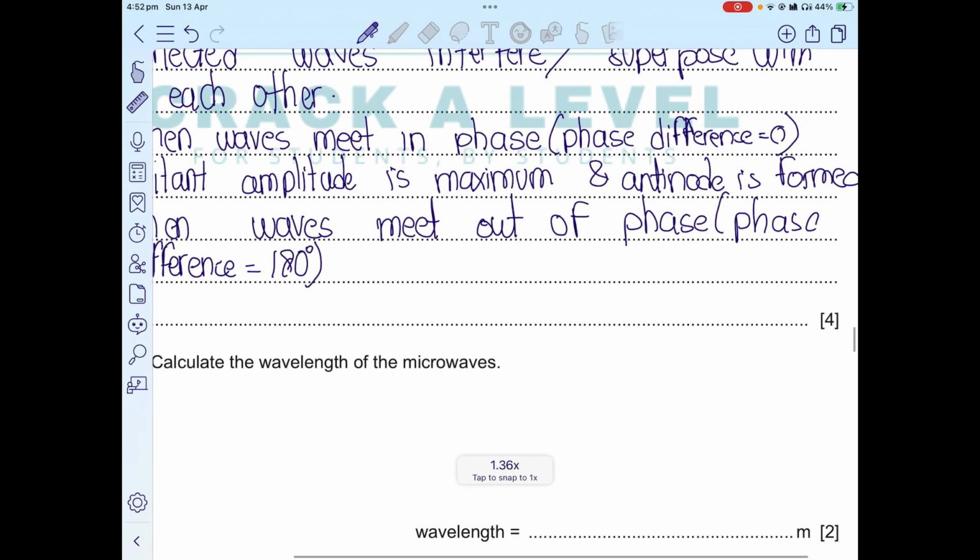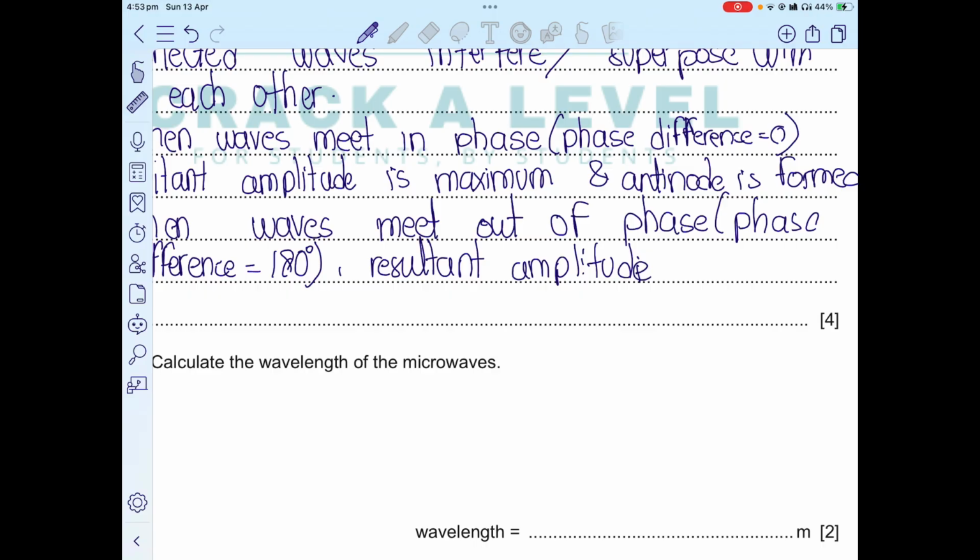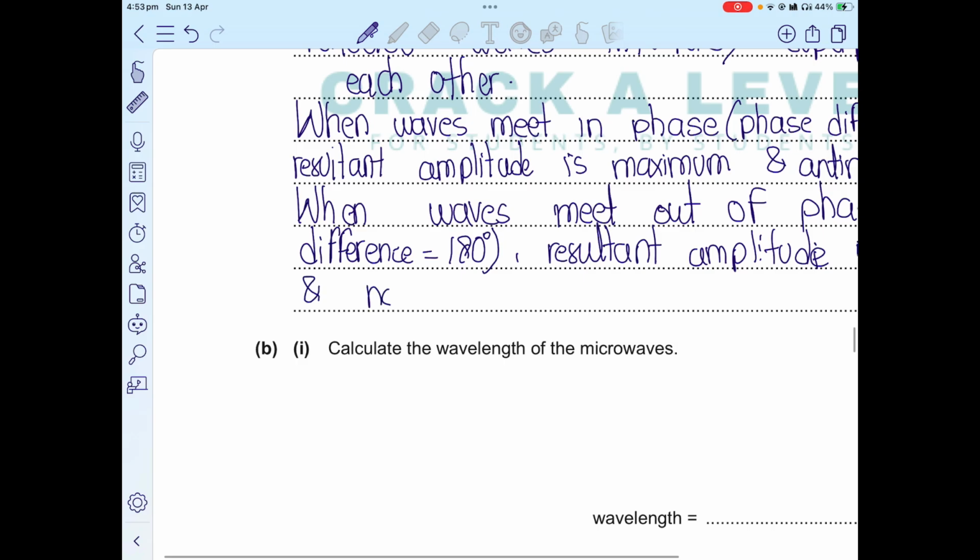The resultant amplitude is a minimum, and a node is formed.